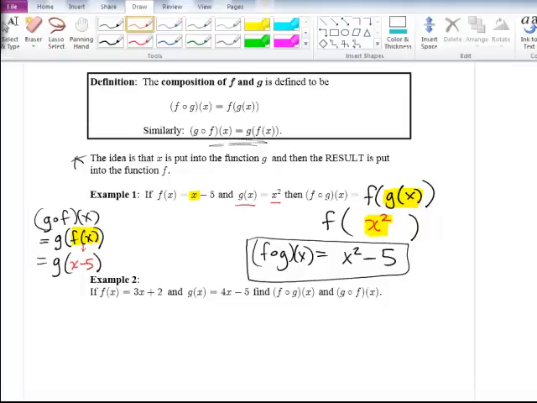And now I use x minus 5 as the input for g. And g takes the input and squares it, so this would be the group x minus 5 squared. Right, so they're different things. g circle f would be x minus 5 squared, but f circle g is x squared minus 5.